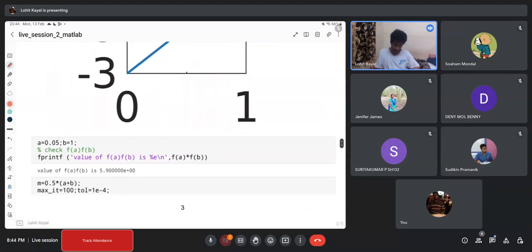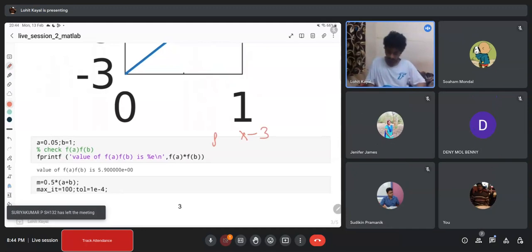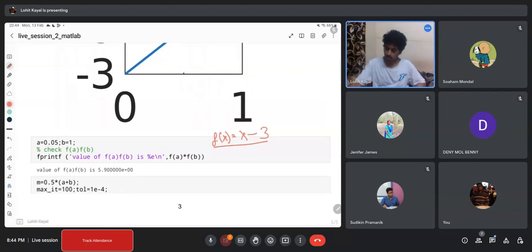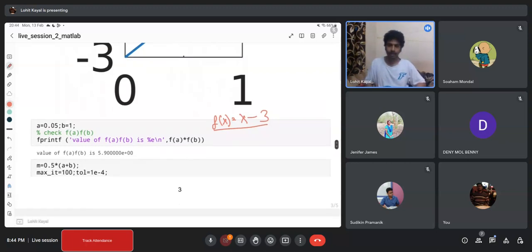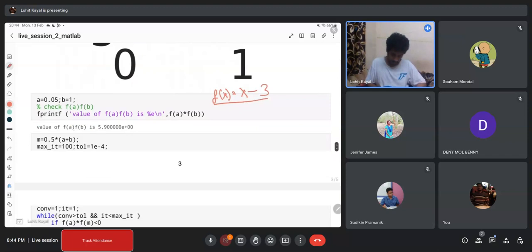Suppose a equal to 0.05, b equal to 1. Here f(x) equal to x minus 3. So f of 0.05 is less than 0, f of 1 is again less than 0. So now the value of f(b) is not greater than 0.